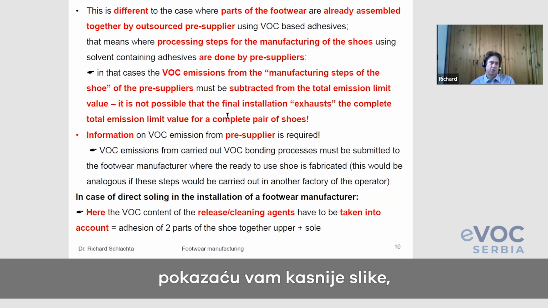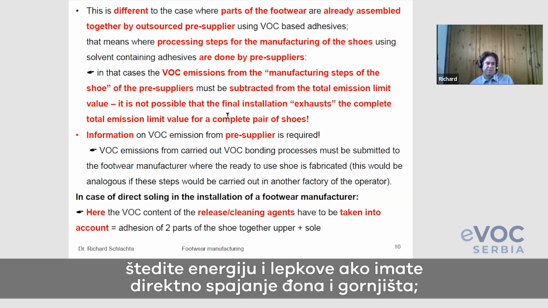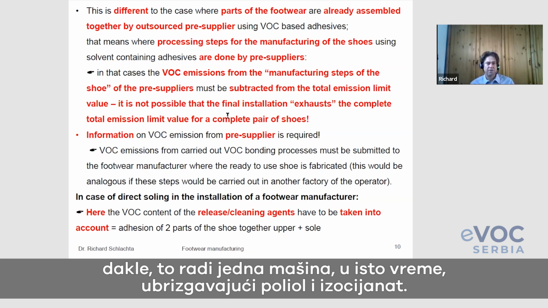In other words, I will show you on some pictures. You save energy, you save glues if you have a direct combination between the sole and the upper. So that can be done in one machine at the same time by the injection of polyol and isocyanate.